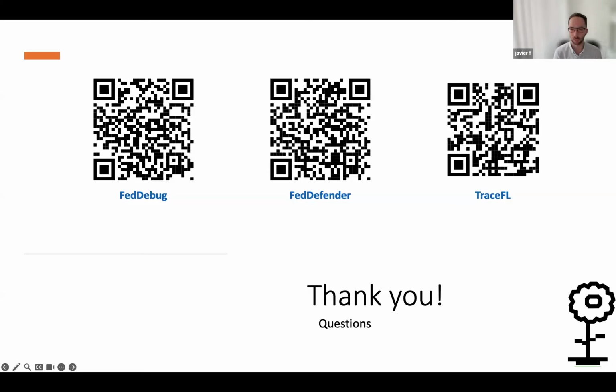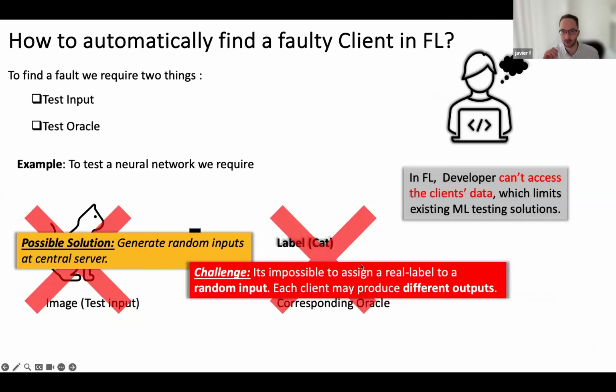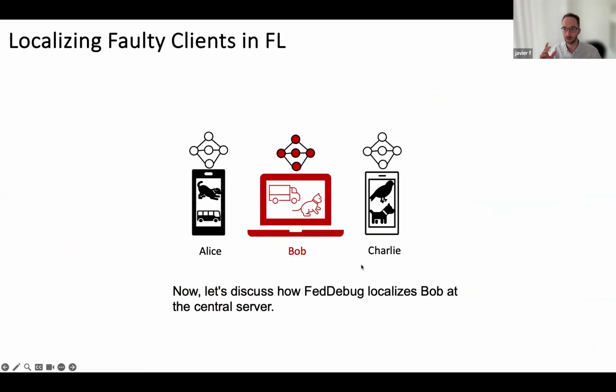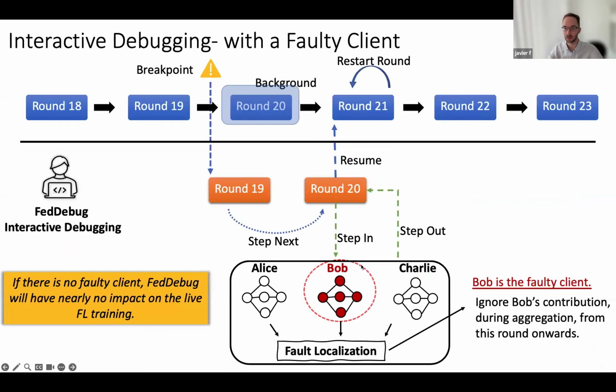One question I had, which I found very interesting, is the part where you said the FL process is going and you can interact with the process. The idea would be that rounds happen, and at some point the developer says, let me put a breakpoint, and there will be some kind of forking happening.